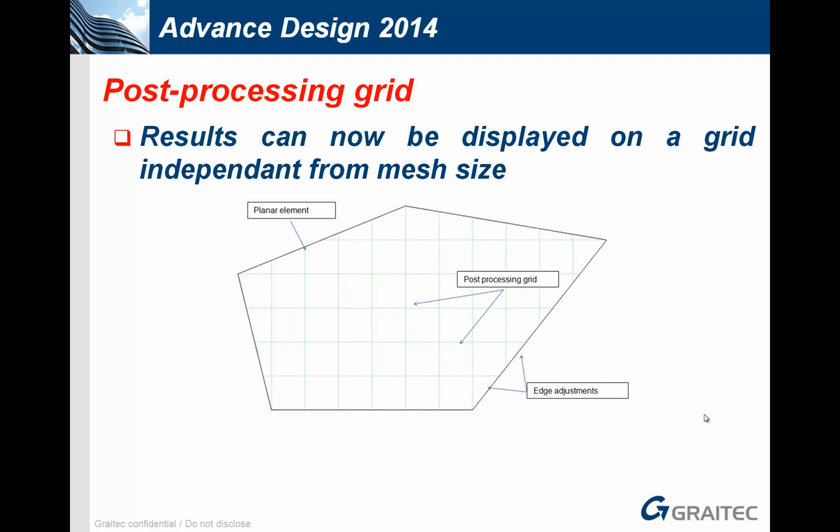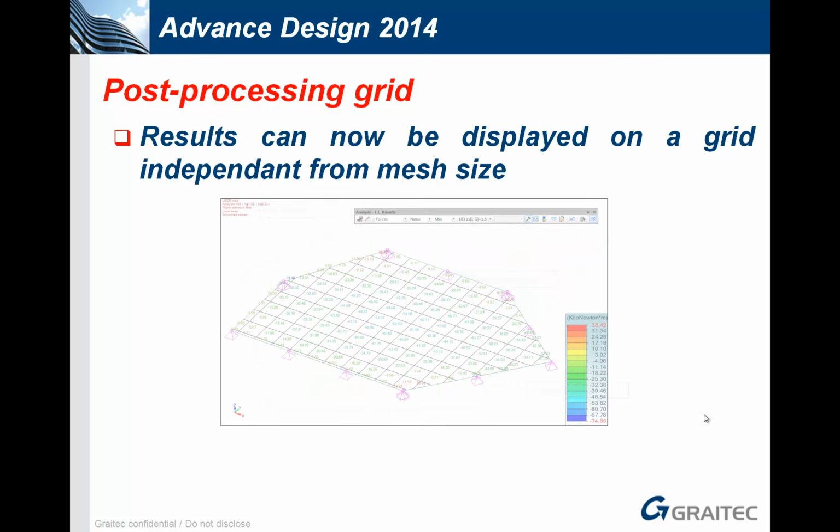Actually, you would get one value per mesh. And now with the post-processing grid, you can ask for a large grid size and you will still benefit from the results of a small mesh size.